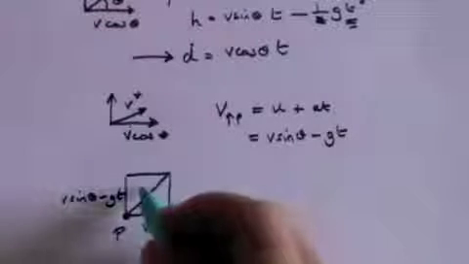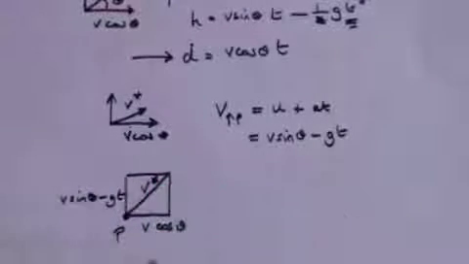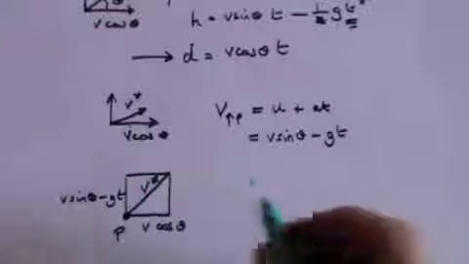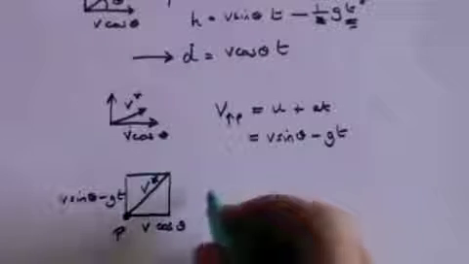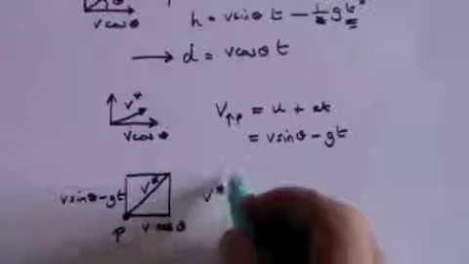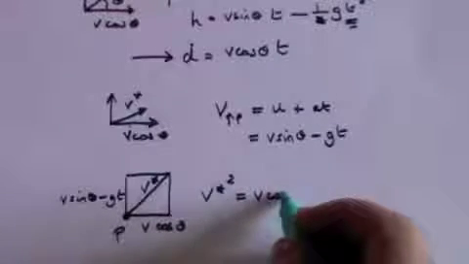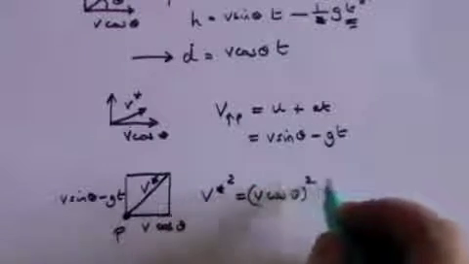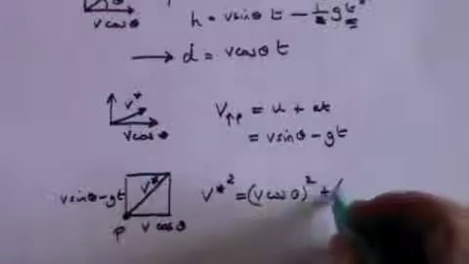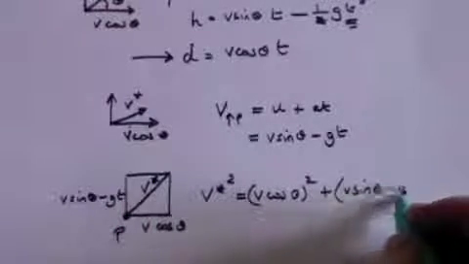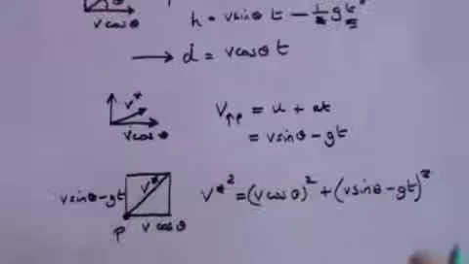And if you want to know what we said v star, which is the actual velocity once you have taken out the resolved parts, well, you just use Pythagoras for that. V star squared is equal to this squared, v cosine theta all squared, plus this, v sine theta minus gt all squared.